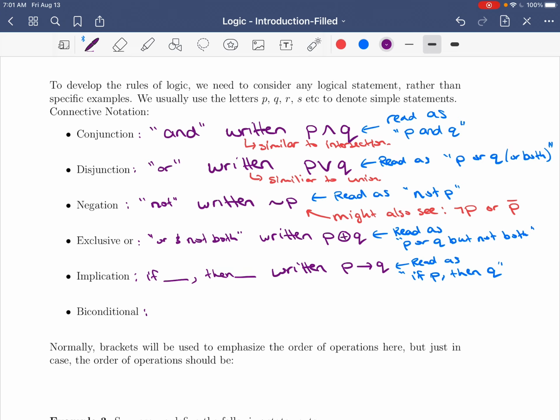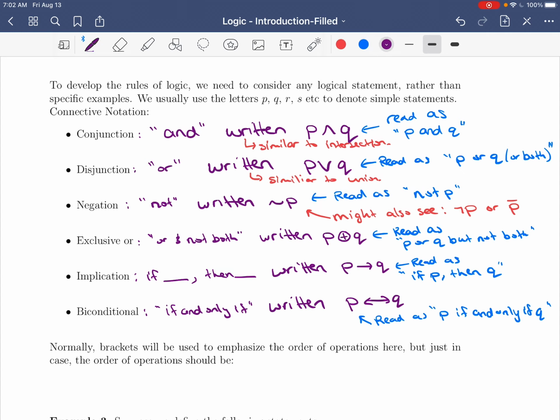So this is like an if and only if. So it's written with an arrow both ways between P and Q. Okay, and you read as P if and only if Q.